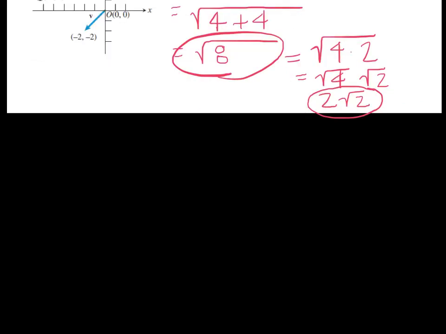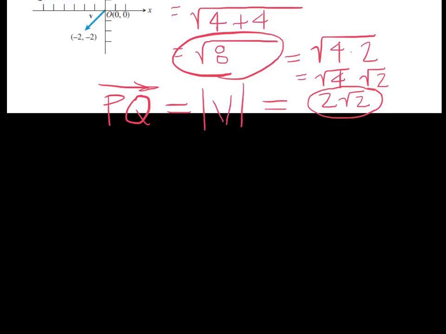One of the things I wanted to clarify is that this is the magnitude of the vector PQ. The vector is represented by the arrow PQ. It has the magnitude, which is represented this way.